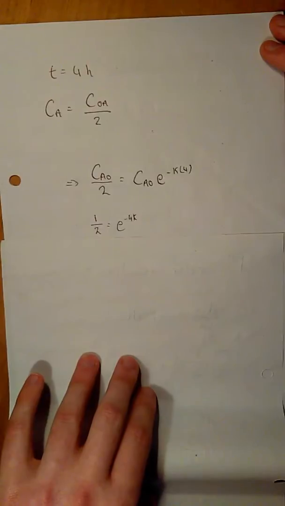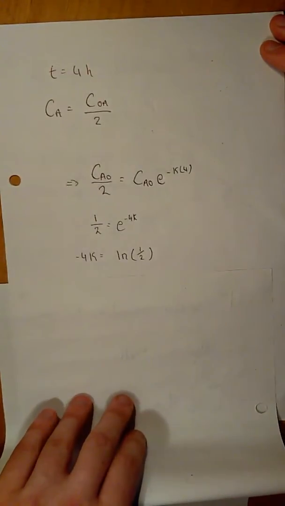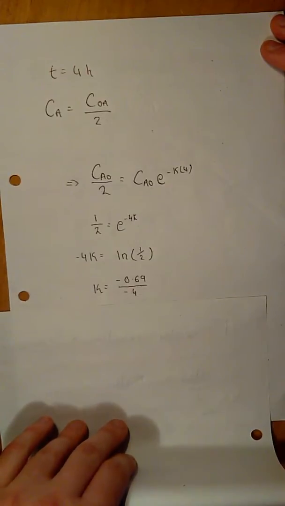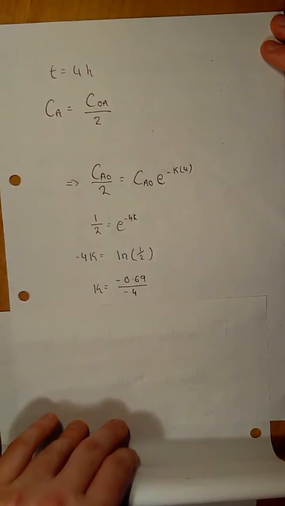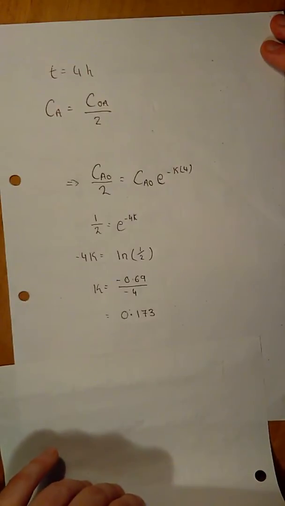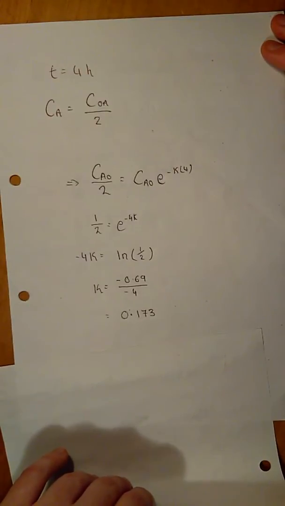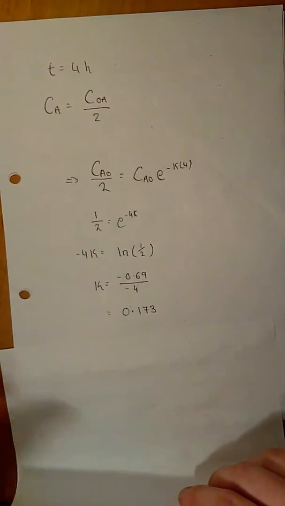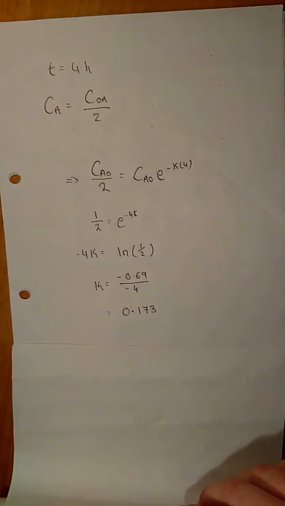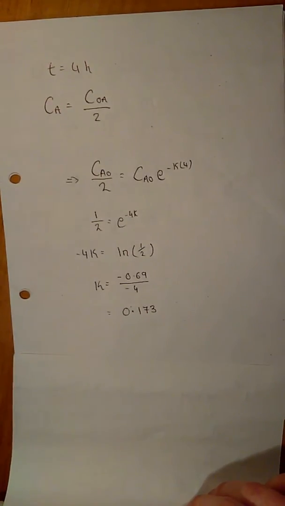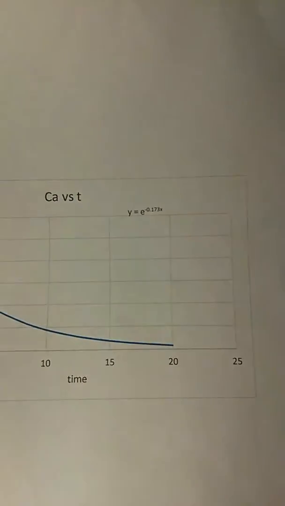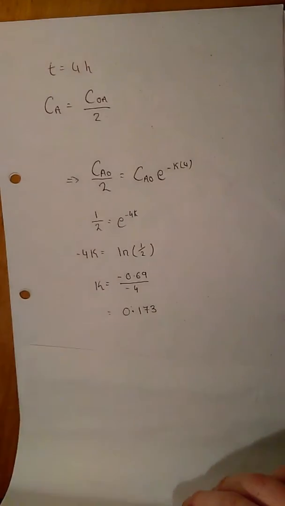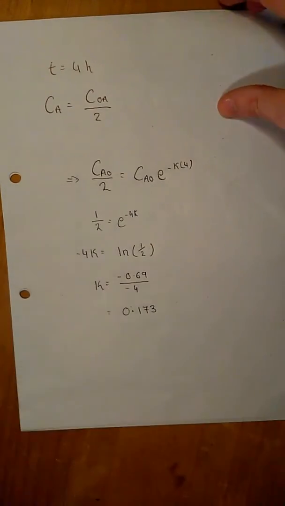Rearranging, we get the following equation, and rearranging again, we get this equation, which gives us k is equal to minus 0.69 over minus 4, which is equal to 0.173. k is equal to 0.173, which, if we go back to our Excel plot, was the rough constant that our Microsoft Excel plot gave us, which is fantastic. We know we are on the right track.